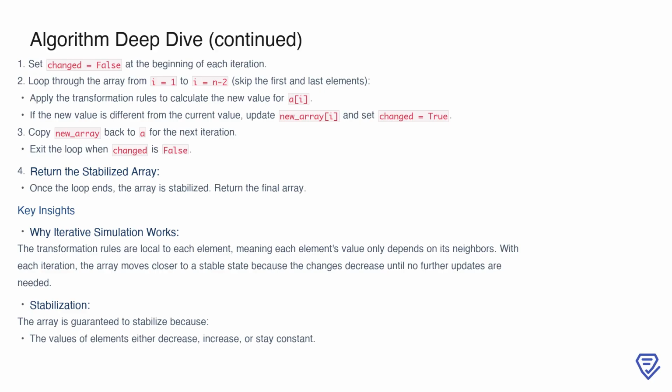This signals that the array isn't yet stable and another iteration will be needed. Once we've processed all the middle elements, we copy the contents of new_array back to the original array A, preparing it for the next iteration. The loop continues until changed remains false, meaning no further updates are needed and the array has stabilized. At this point, we return the stabilized array as the final result.